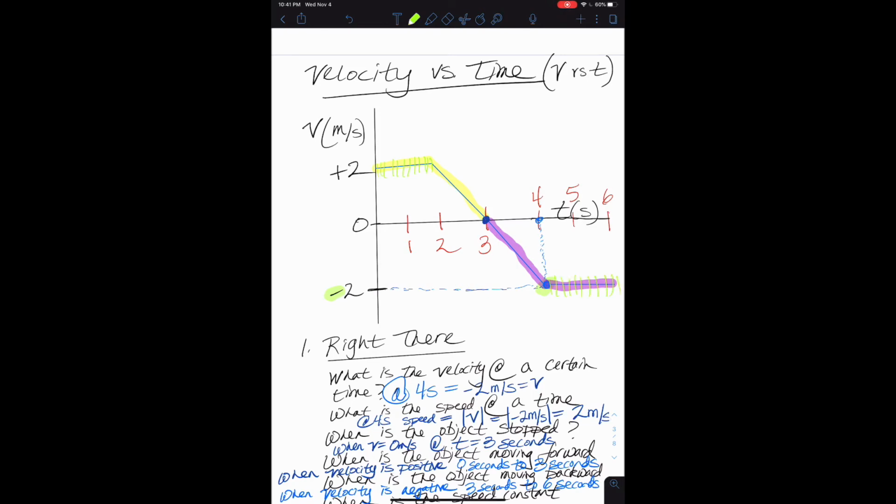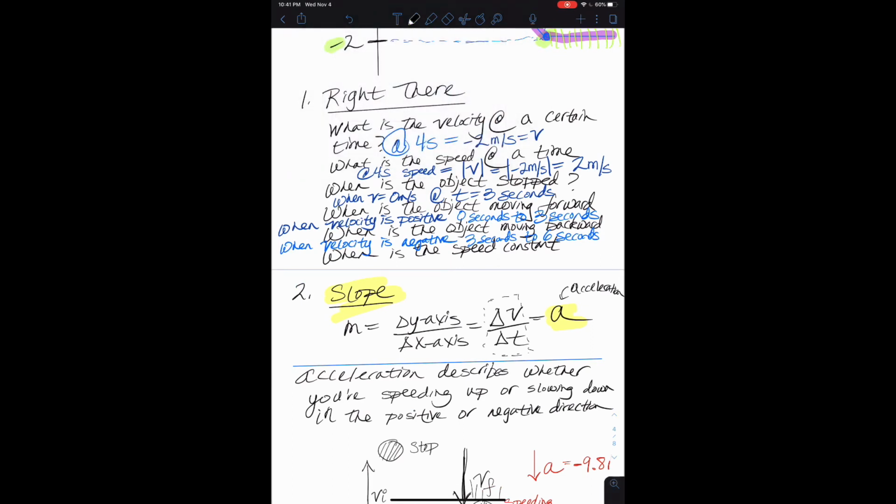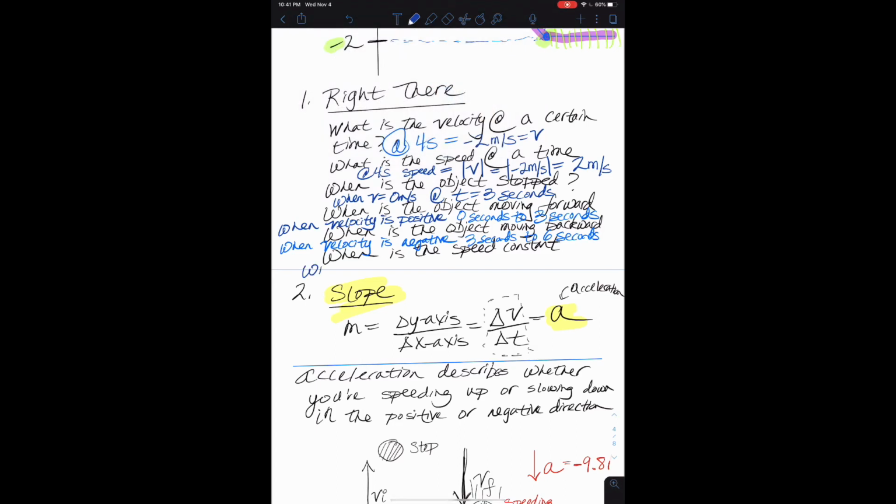So pretty much we're saying it holds speed when the slope is 0. And the answer here would be 0 seconds to 2 seconds, and 4 seconds to 6 seconds.